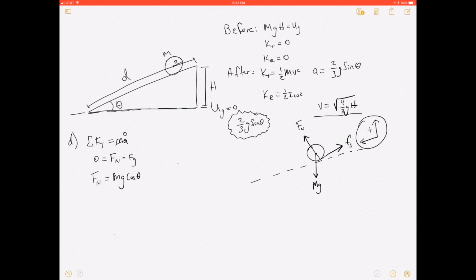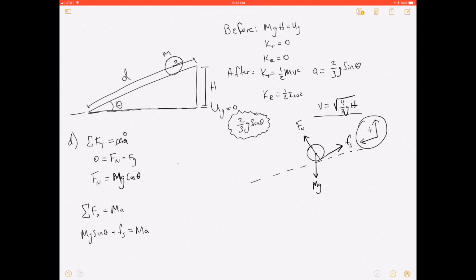And now I'm going to do sigma f in the x direction. Sigma fx is equal to ma, and this is accelerating downwards. And now we have mg sine theta minus fs is equal to ma.